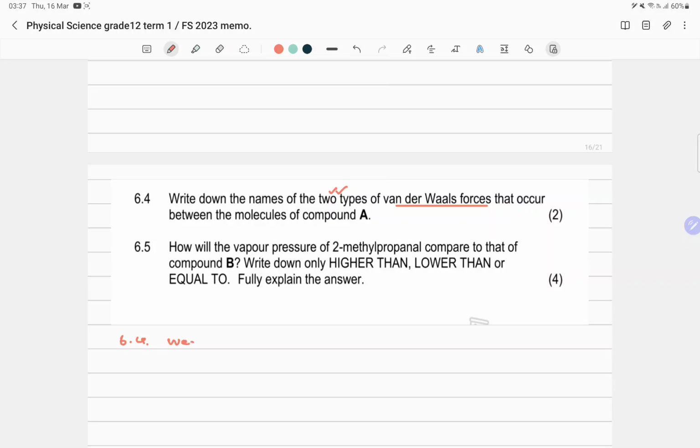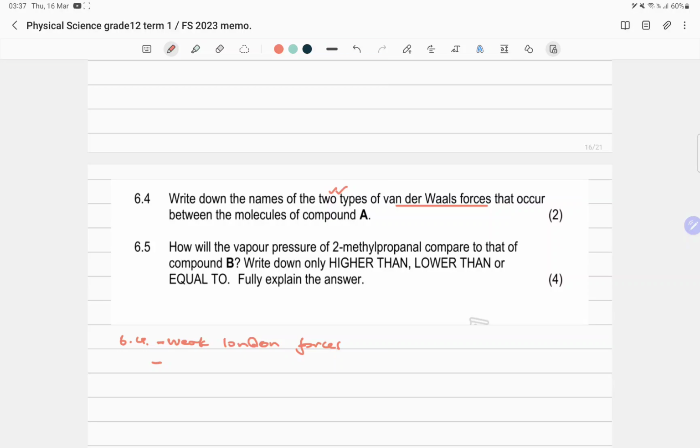We're going to say weak London forces, and we're not going to say stronger. Is stronger than strong?